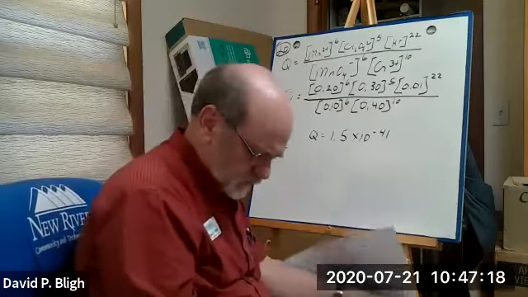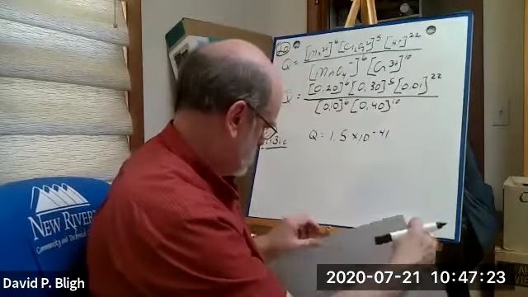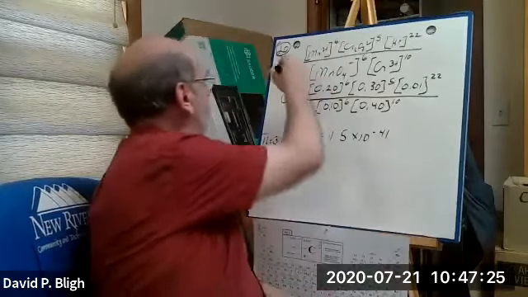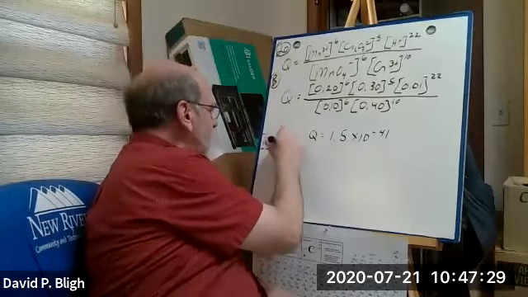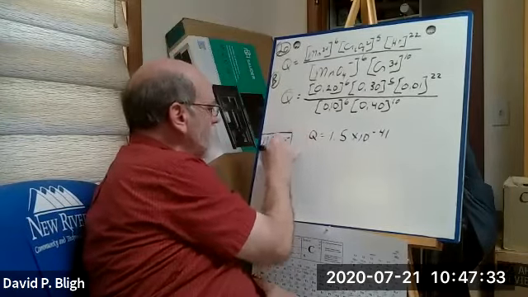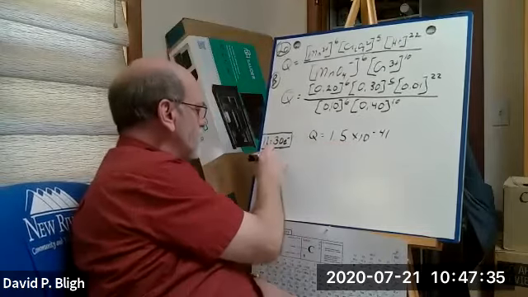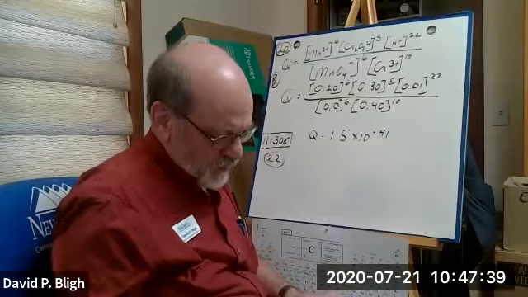Okay? And that's B. Now we've got this one here, along with that one. So let's go to 22. And it should be a simple calculation now.